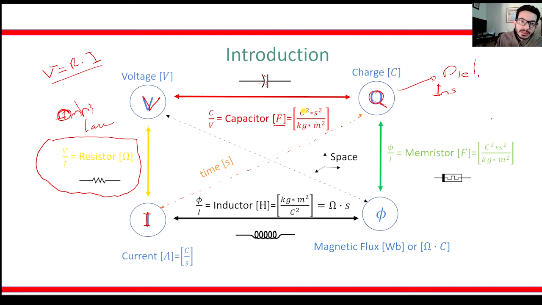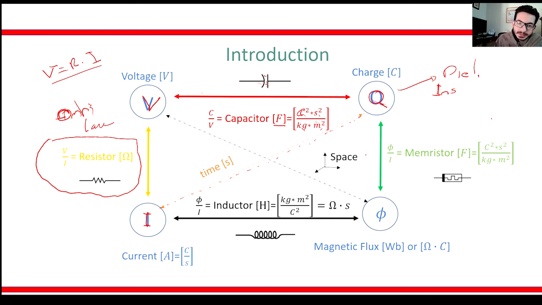So we have charges squared, time squared, mass, and length squared. It's a lot of quantities related to capacitance: electric charges, time, mass, and the length or geometrical shape.